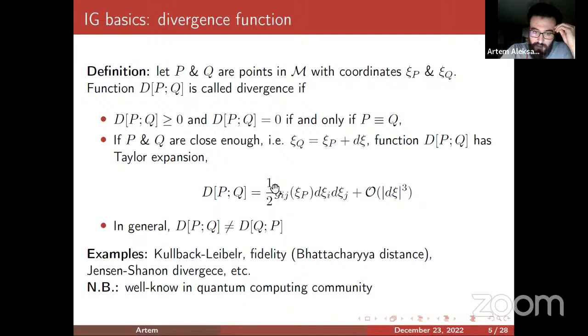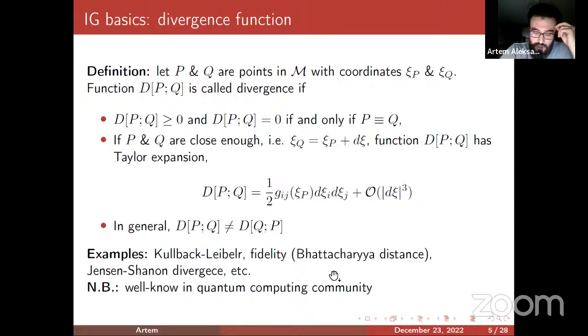So you can see that this is a metric of my manifold, and this is the expansion of the divergence function for two close enough points. And in general, of course, the divergence function can be non-symmetric. So if I interchange the two points, in general, I can obtain a different value of the divergence function. The common examples of divergences are Kullback-Leibler divergence, fidelity, Jensen-Shannon divergence, and so on.